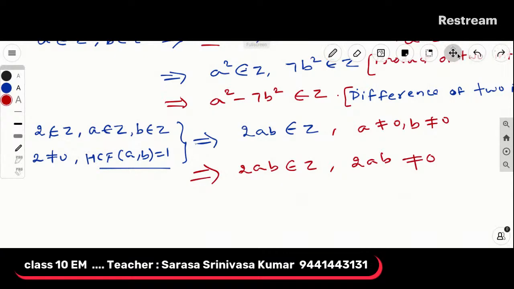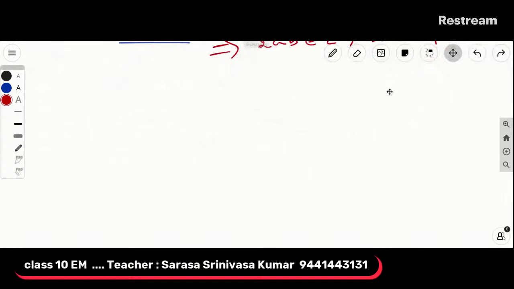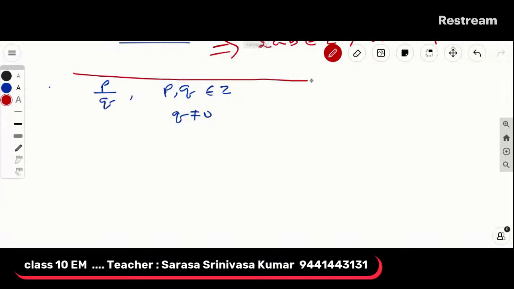So now we use the definition of a rational number. What is the definition of a rational number? If you can write a number p by q such that p and q are integers and q is not equal to 0, this is the definition of rational number.